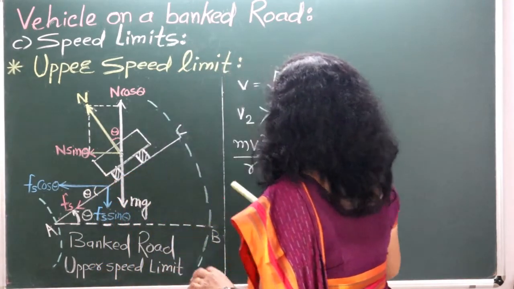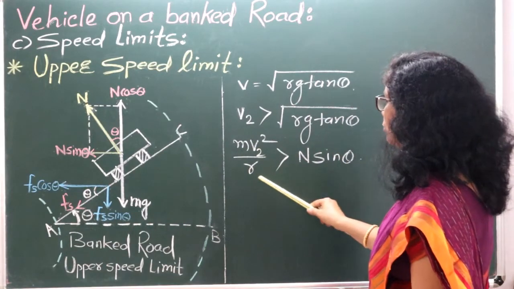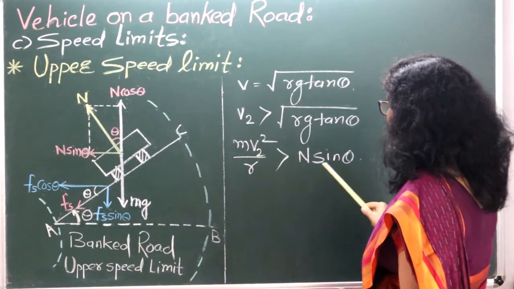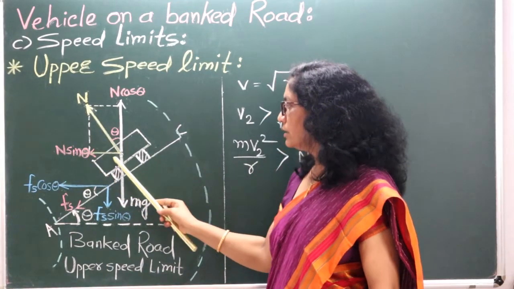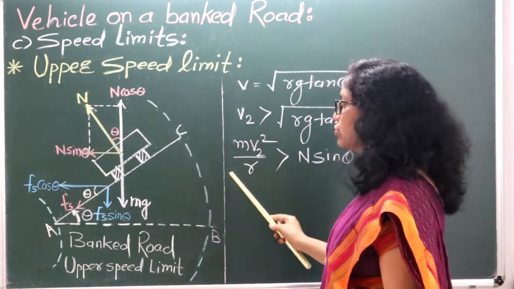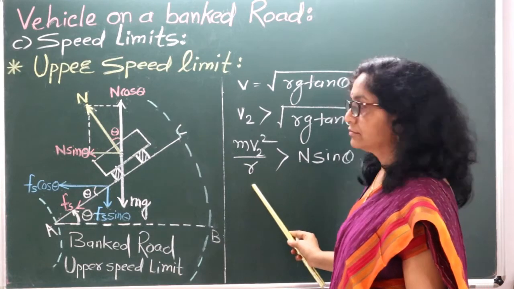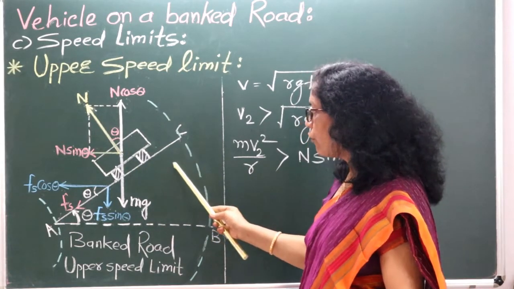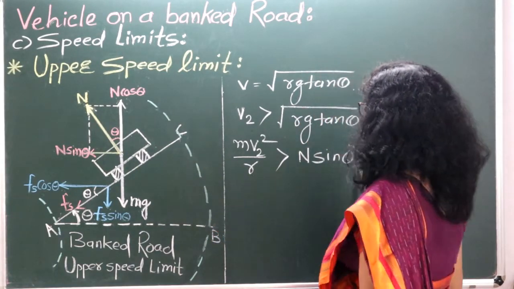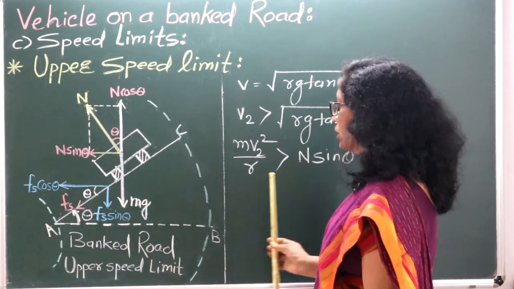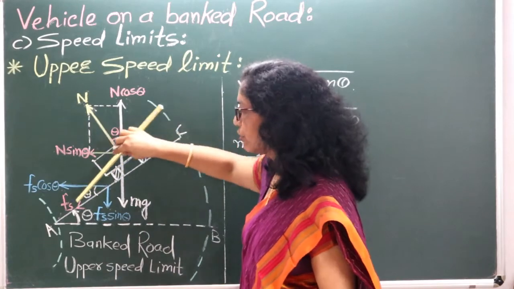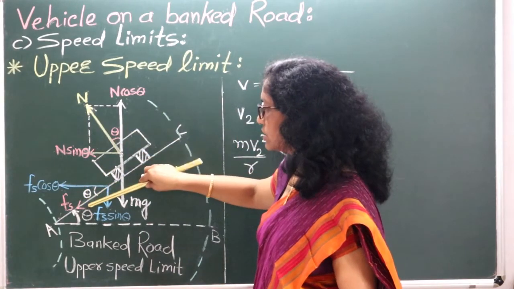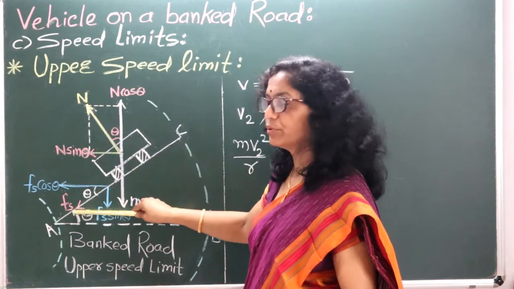Now observe this equation, that is m v2 square upon r is greater than N sin theta. This m v2 square upon r, that is the centrifugal force, is greater than this N sin theta. If this force is greater, then the force of friction is towards the curve, and that's why this is the direction of force of friction.